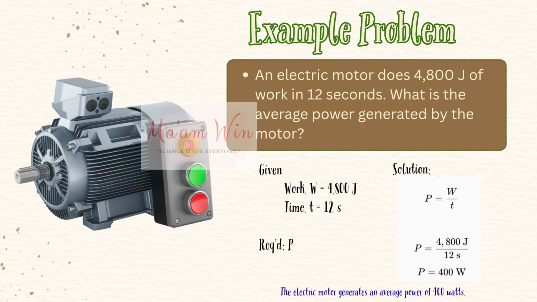P is equal to 4,800 joules divided by 12 seconds, equal to 400 watts. Therefore, the motor generates an average power of 400 watts, which means it does 400 joules of work every second. This example shows that power tells us not just how much work is done, but how quickly the work is completed.